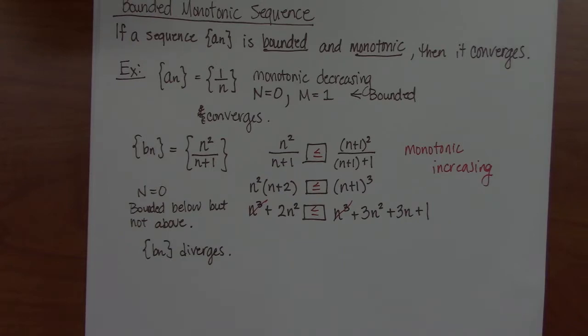I'm trying to show you things where we have other methods to confirm our hypothesis about diverging and converging, because one, I want you to see that there's a bunch of different ways to get there, and two, I'm just trying to confirm this stuff does work. It's just an alternate path to get you to the answer. So this is an example where something was monotonic, it was bounded on one end but not the other end, and it's got to be bounded on both ends for it to converge using this theorem.